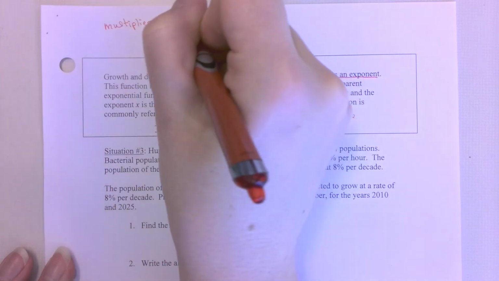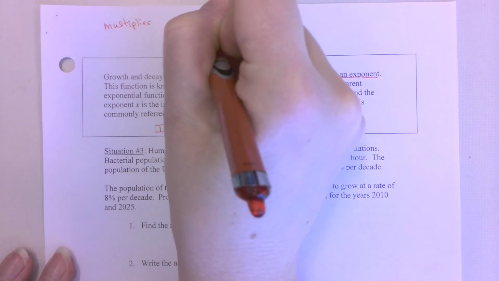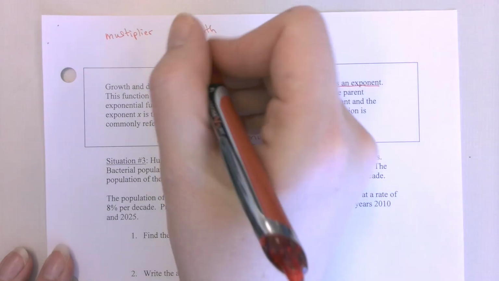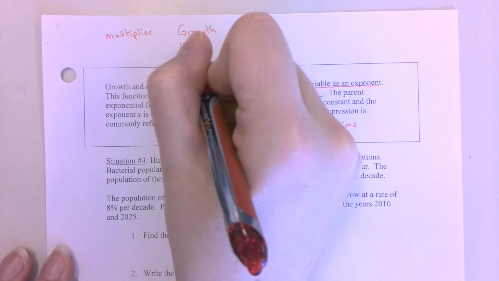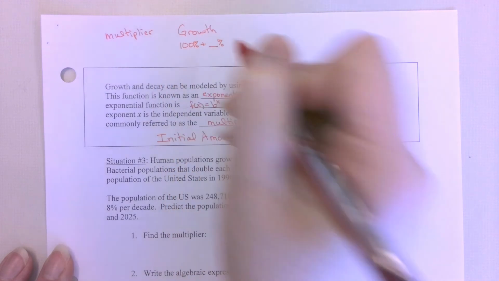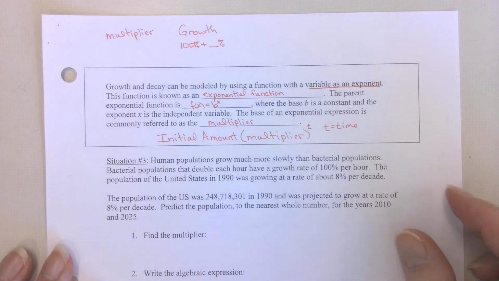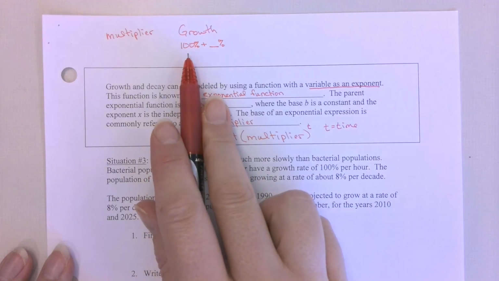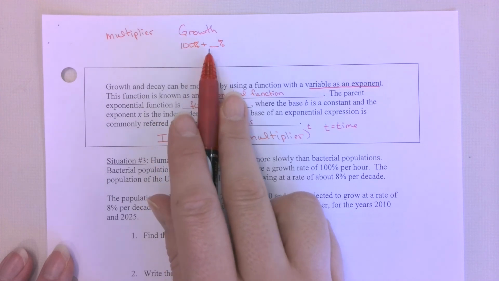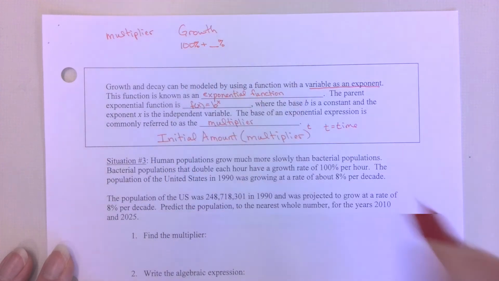When you have growth, and this is going to make a little more sense as we move through problems, you're always starting with 100% of what you had plus more. Just like tax. You start with 100% of your bill plus 6% sales tax, so we have 106%. So growth is always going to be 100% plus what you're increasing by.